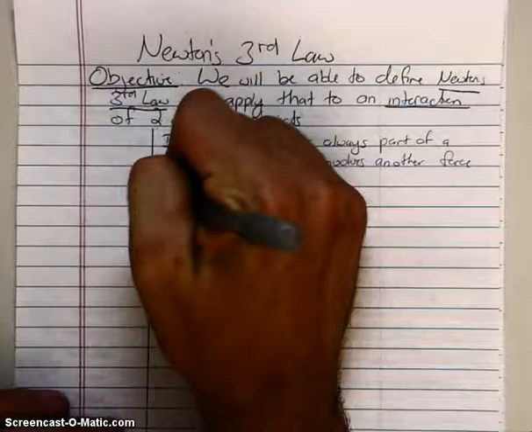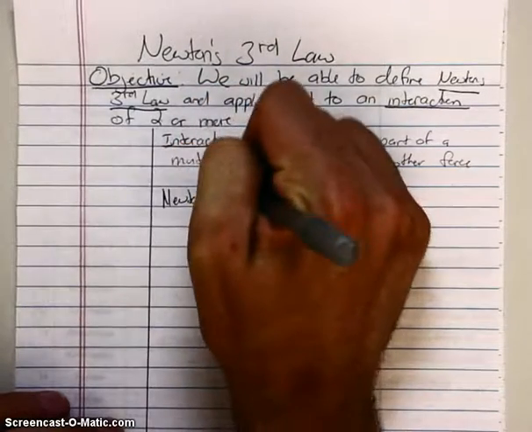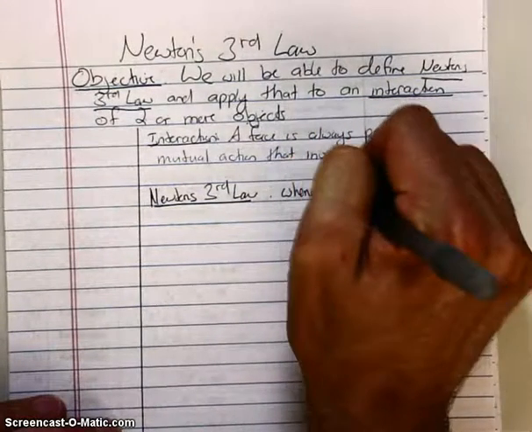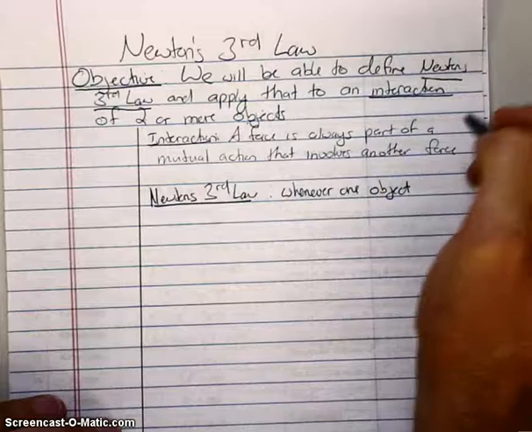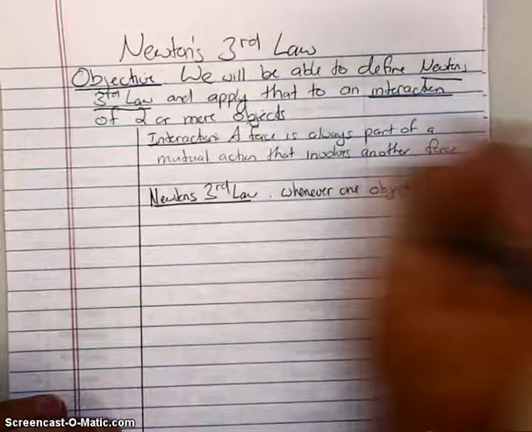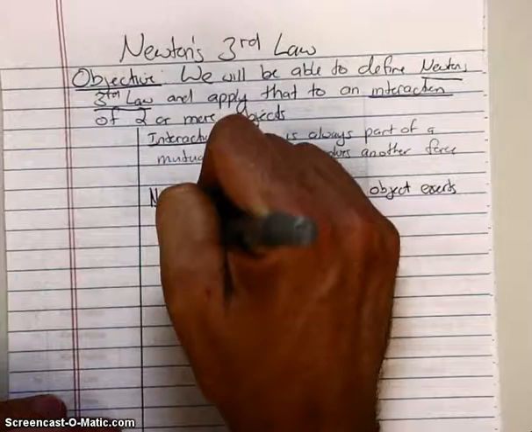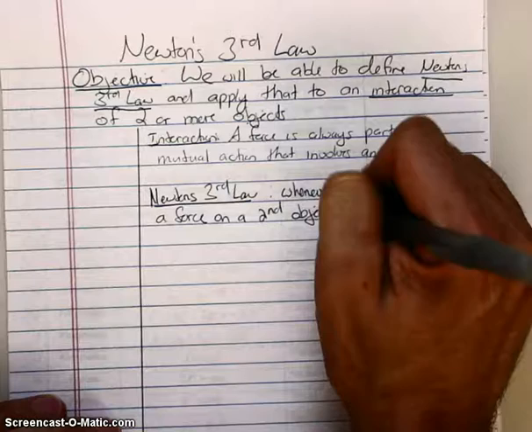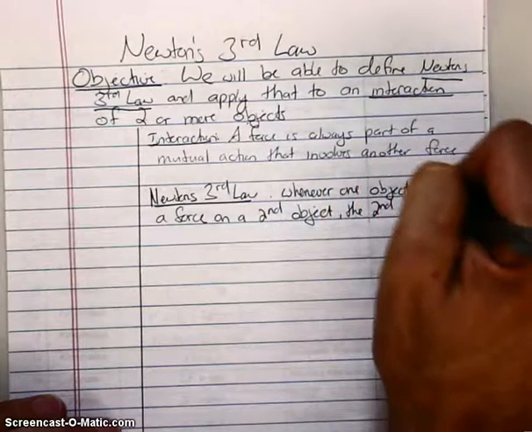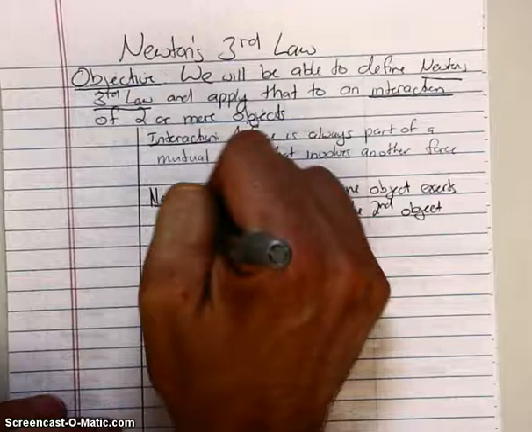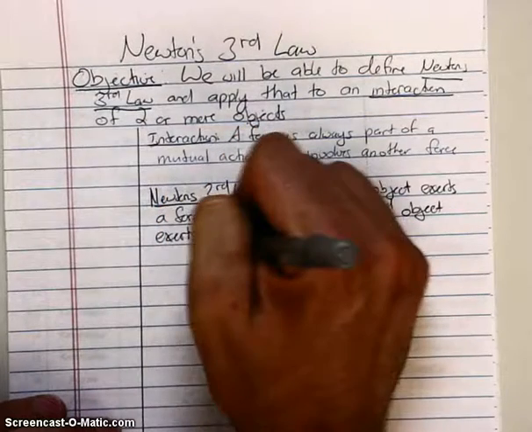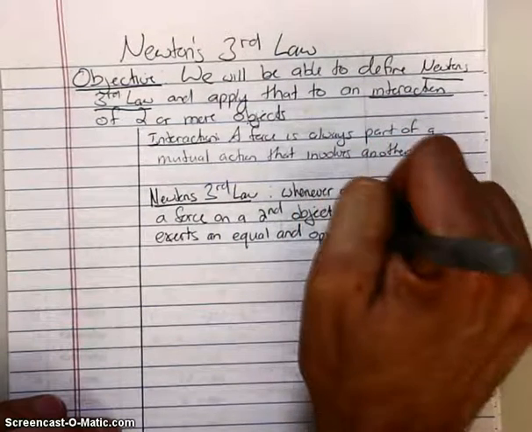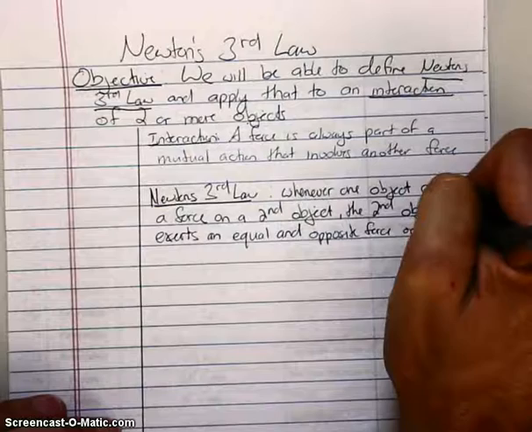So let's define that. Newton's third law: whenever one object exerts a force on a second object, the second object exerts an equal and opposite force on the first.